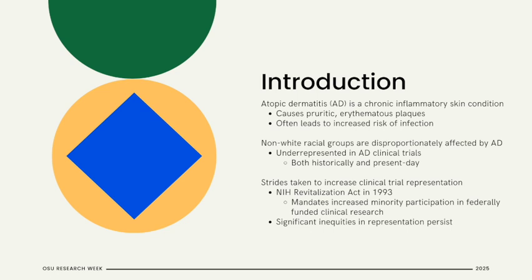There have been strides taken to try and increase clinical trial representation, such as the NIH Revitalization Act in 1993, which mandates increased minority participation in federally funded clinical research. However, significant inequities persist in racial and ethnic representation among clinical trials.